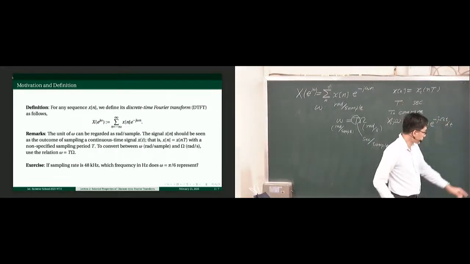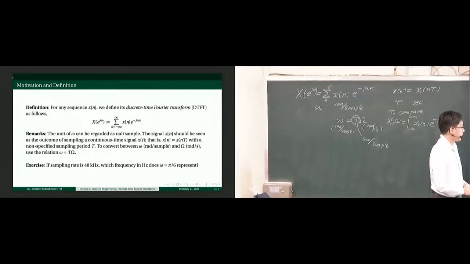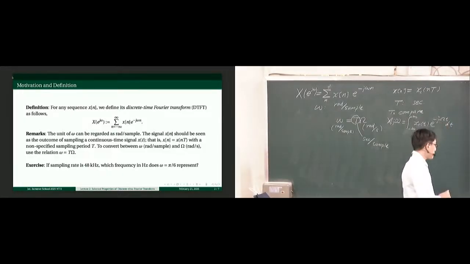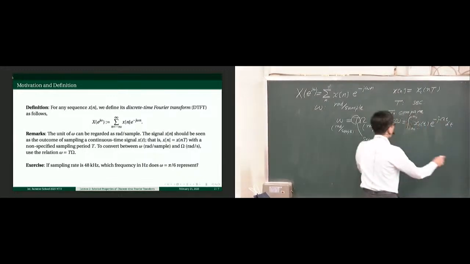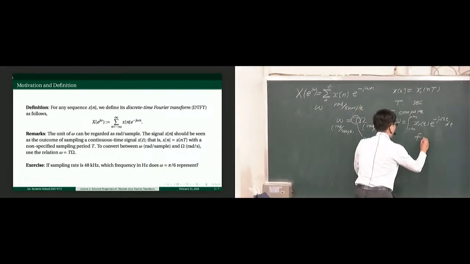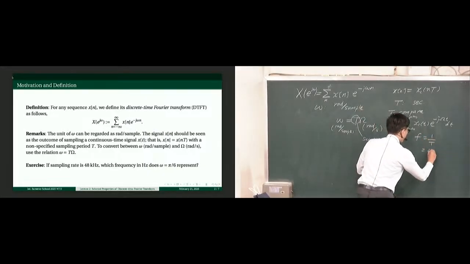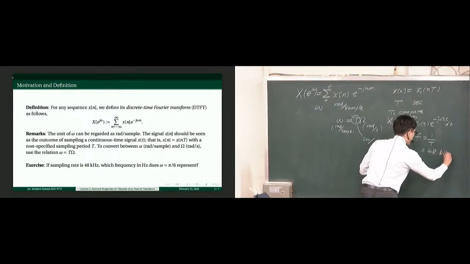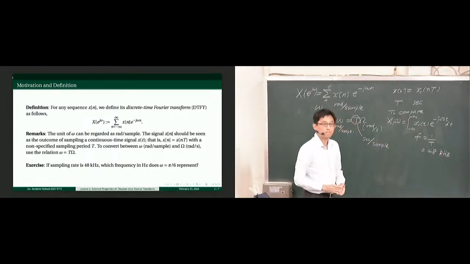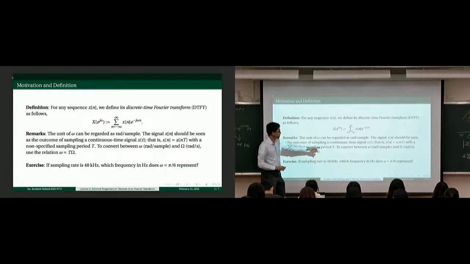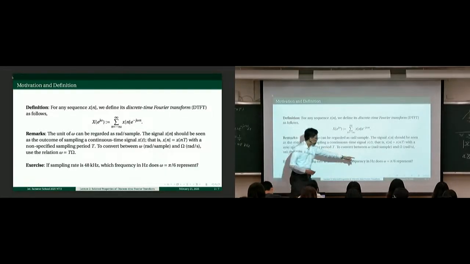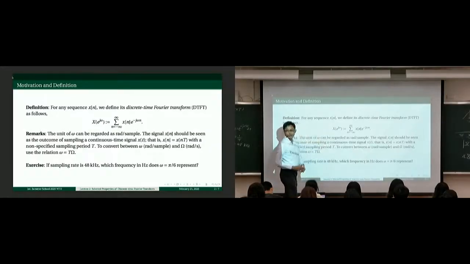So here's a very simple exercise. If our sampling rate is 48 kilohertz, so let's say f equals 1 over T equals 48 kilohertz, that's the specification, audio sampling. If the sampling rate is 48k, which frequency in hertz does small omega equals pi divided by 6 represent?